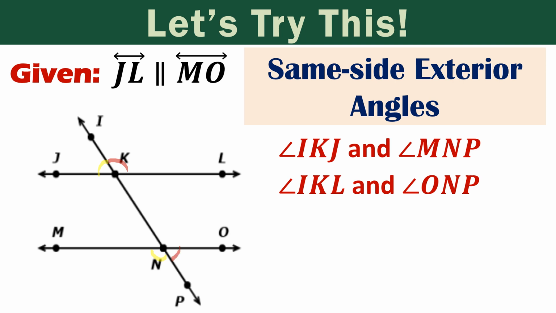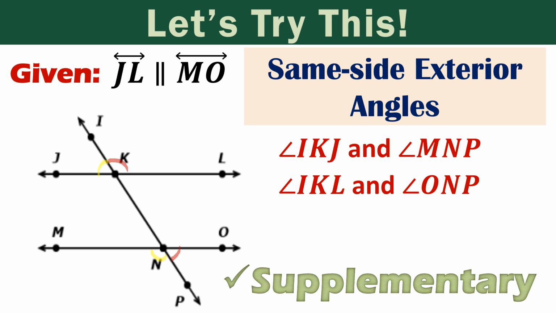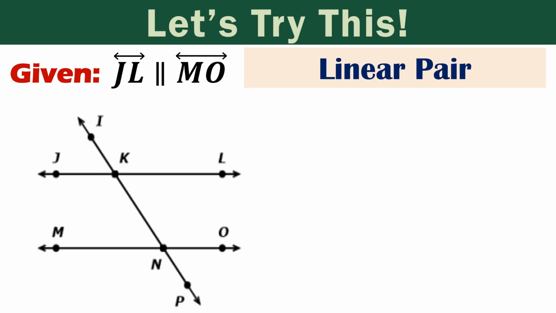So these are same side exterior angles and they are supplementary. So basically that means if this one measures 130 degrees, this one is 50 degrees. Alright? So now, moving on. How about linear pair?